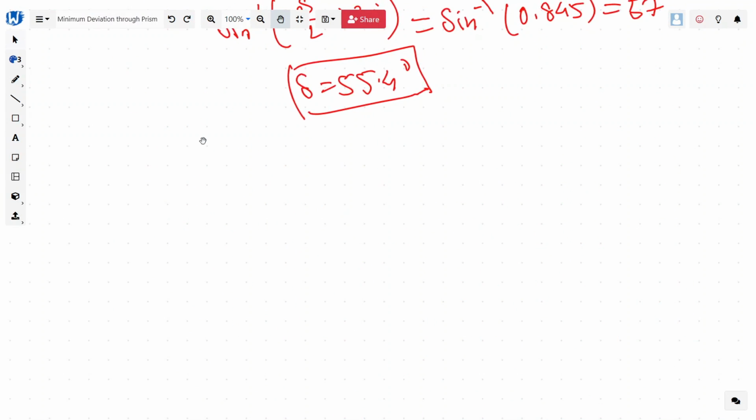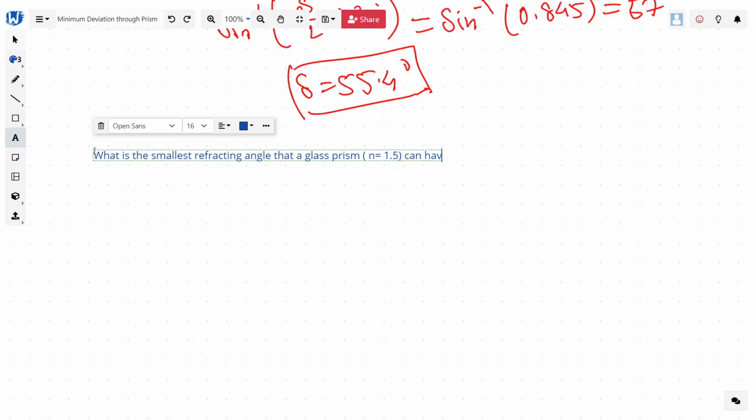I'll say: what is the smallest refracting angle that a glass prism with refractive index n equal to 1.5 can have, so that no ray can be transmitted through it?